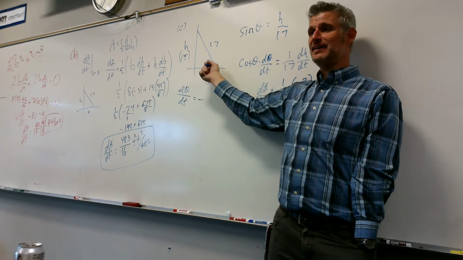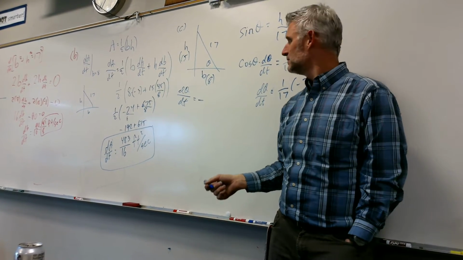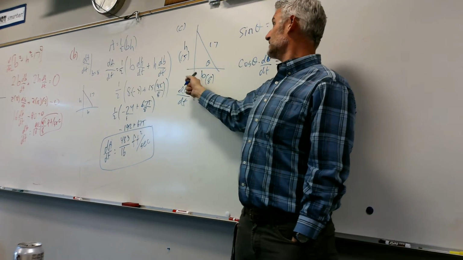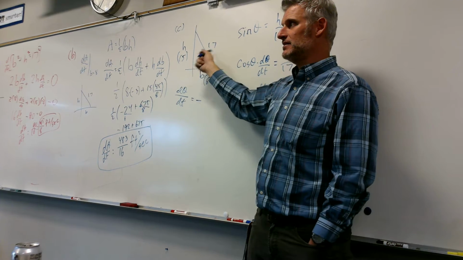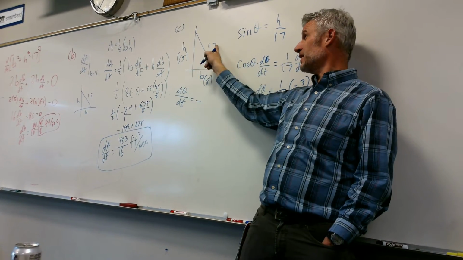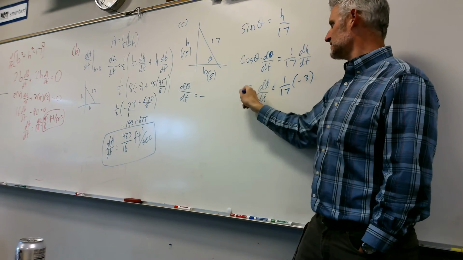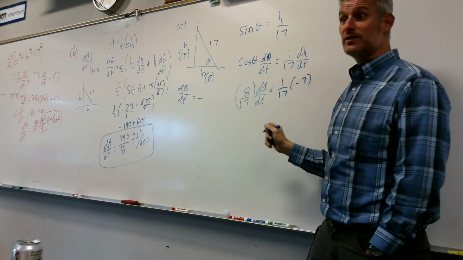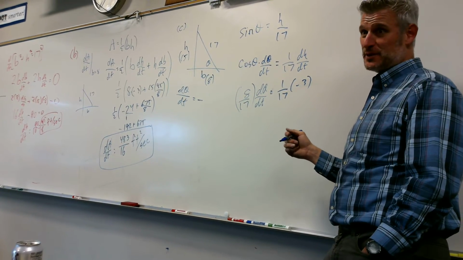If we're standing here at theta, which ratio is cosine? Adjacent over hypotenuse. So cosine of theta at that moment is 8/17.